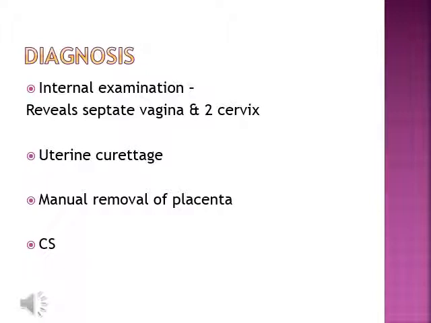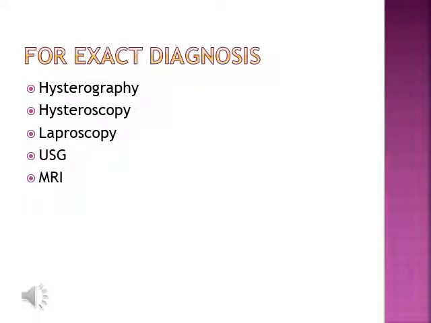And the last one is in cesarean section, where it is also easy to find any kind of uterine anomaly. For exact diagnosis of these uterine anomalies, there are some more diagnostic procedures such as hysterography, hysteroscopy, laparoscopy, ultrasonography, and MRI.